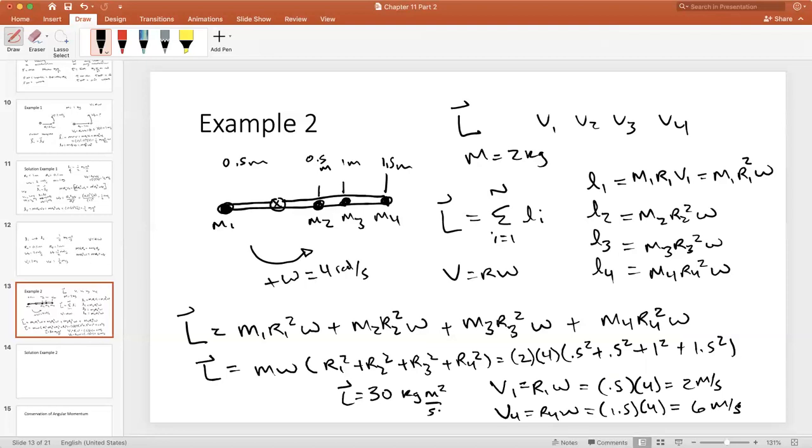So in this example, most of the angular momentum is actually contributed by mass 4.